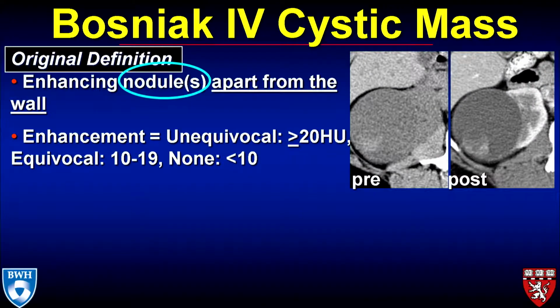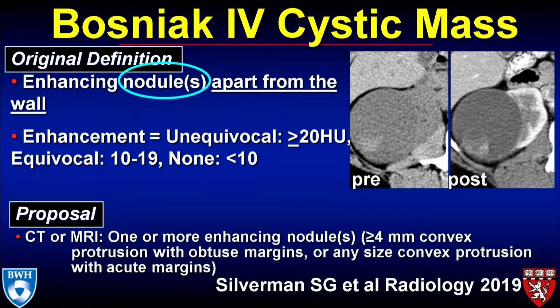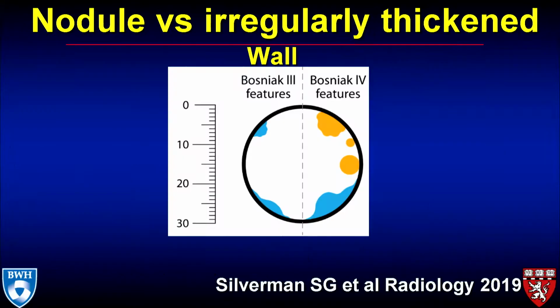Okay, what about a 4? Those have nodules, okay? And the proposal says 1 or more enhancing nodules, and we define a nodule as 4 millimeters or more convex protrusion or any size convex protrusion with acute margins. So let's understand a little bit better with a diagram here. So here we have nodules along the wall.